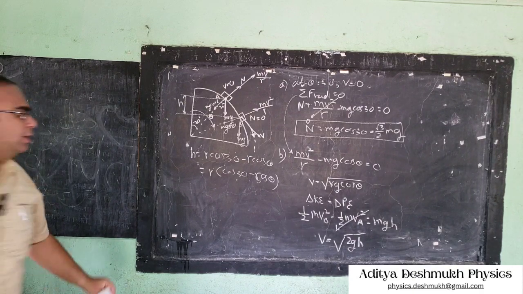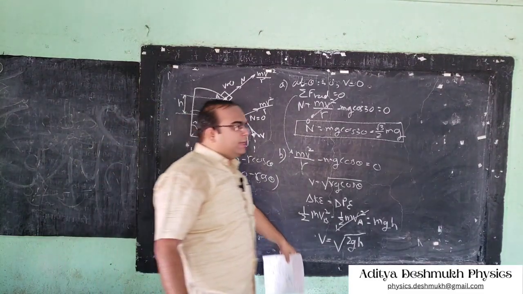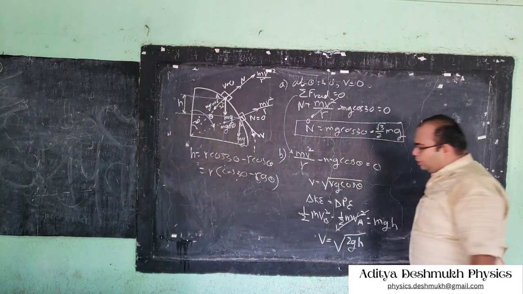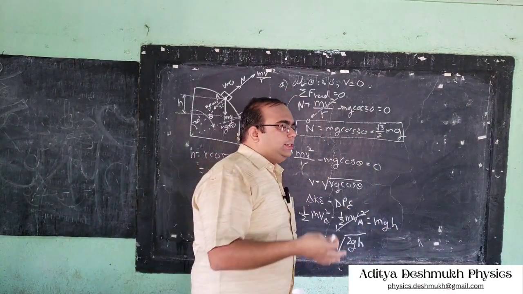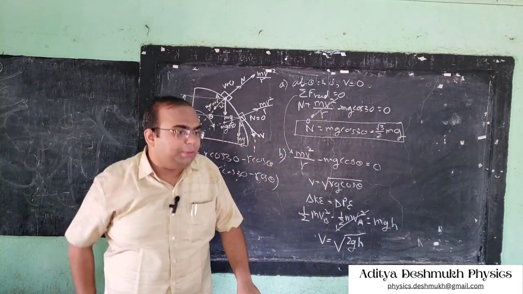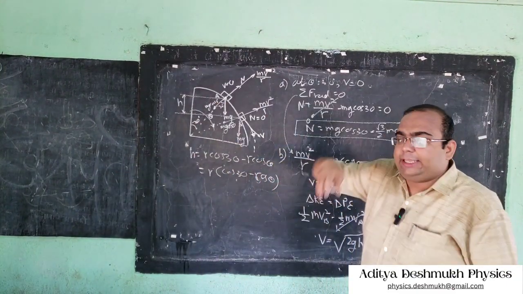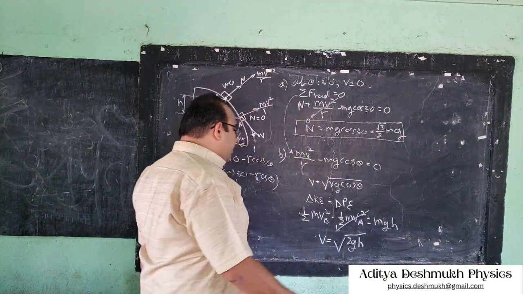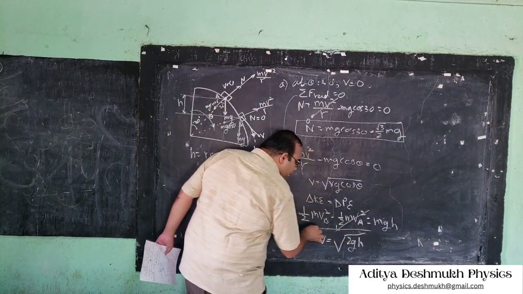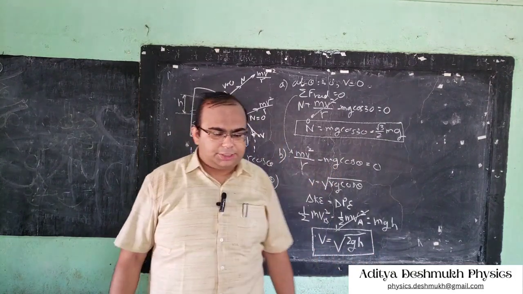You will find this type of case in various MCQs. So if you have to do energy balance between two positions, delta K is equal to delta PE, and the initial velocity is 0, and you know the vertical displacement, then your final velocity will always be under root of 2gh.